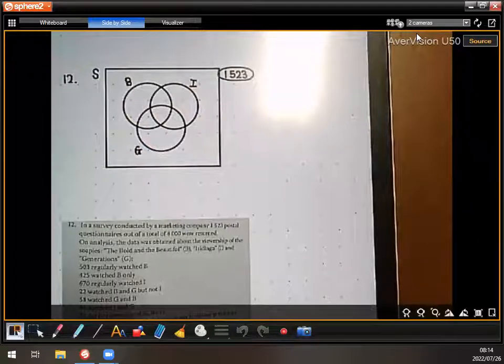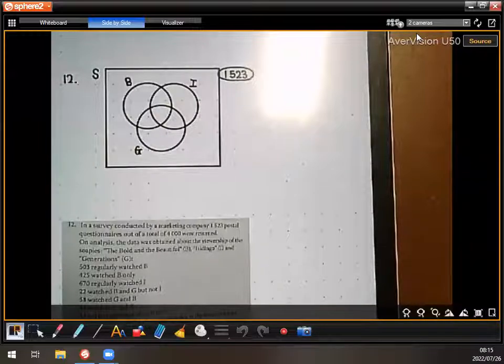Can we quickly talk about this, guys? What would we say this section is? The middle is everything. That's where all 3 of the circles overlap, right? So that's B and I and G. Okay. What about this section? That's B and G, right?